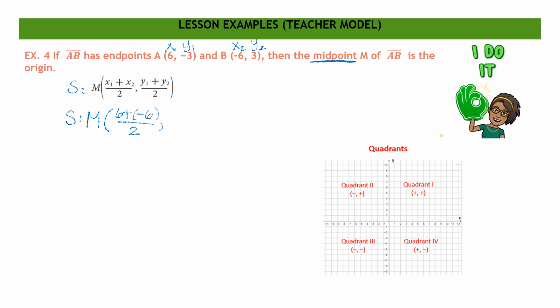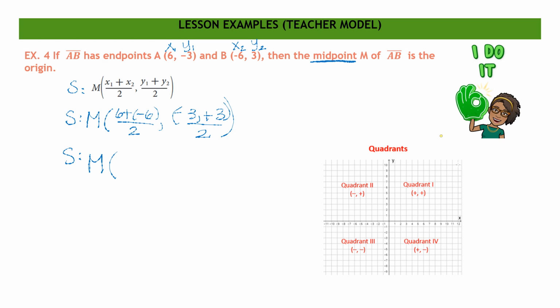And then we have y1, which is -3, and then that's going to be added to 3, which is our y2, and that's divided by 2. And now we're going to solve, or in this case, we're going to simplify. So the last S can either be solve or simplify.